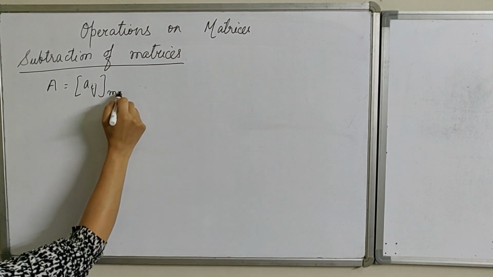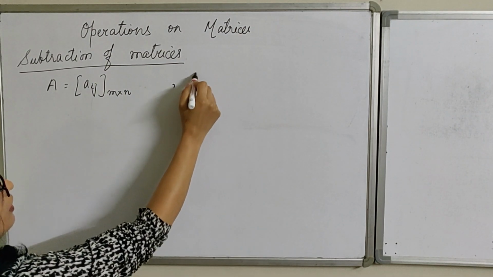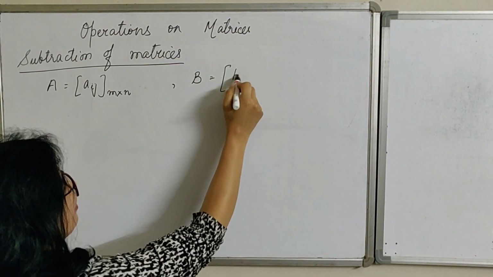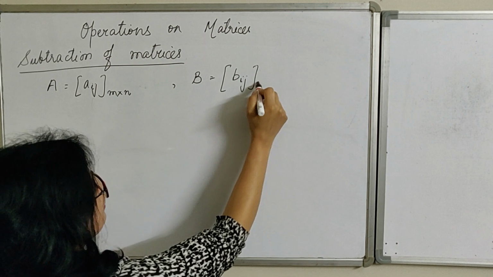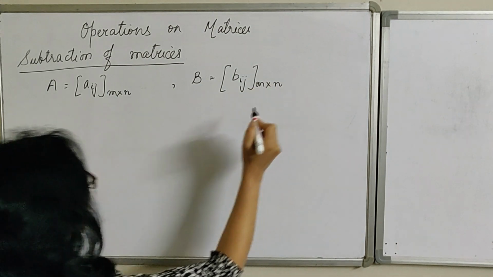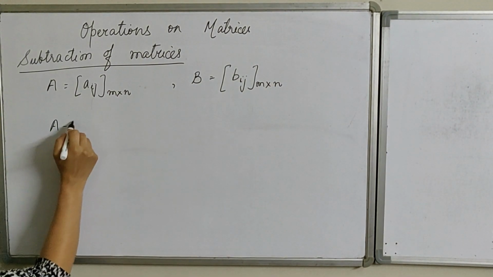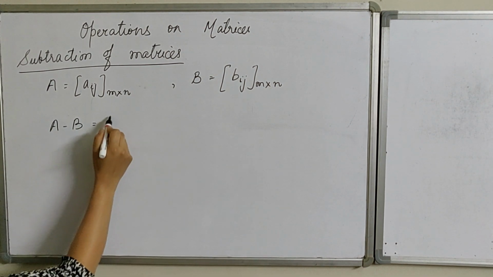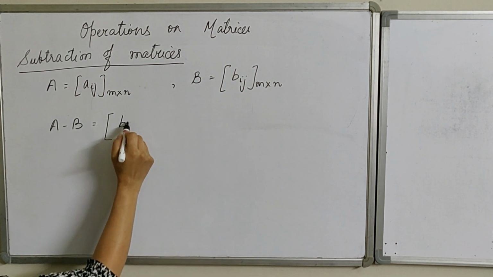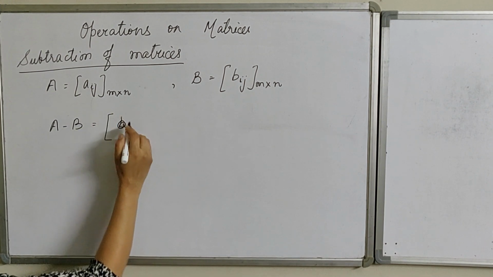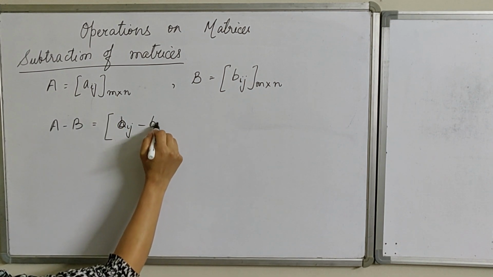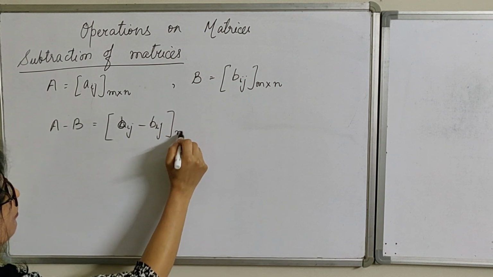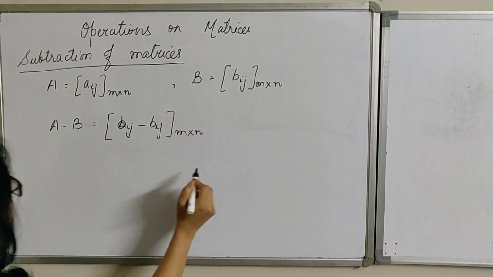So matrix A of order m by n and matrix B of the same order m by n. Subtraction is represented this way, which means that matrix B is subtracted from matrix A and the resultant matrix is of the same order.